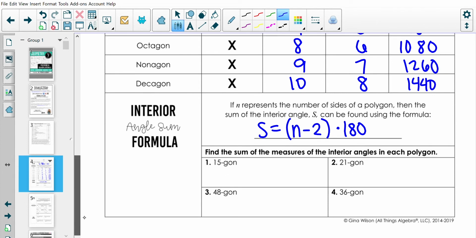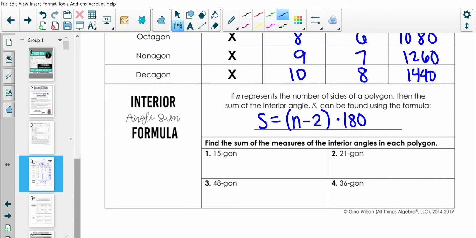So on number 1, we have S equals 15 minus 2 times 180. What do you get? 2340. Number 2. S equals 21 minus 2 times 180. 3,420.